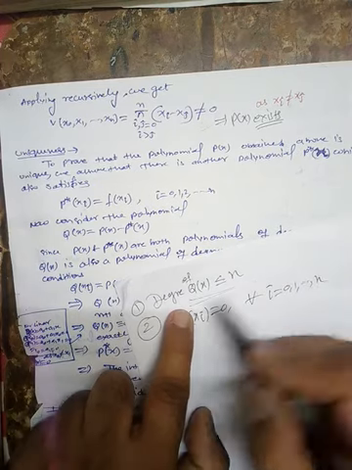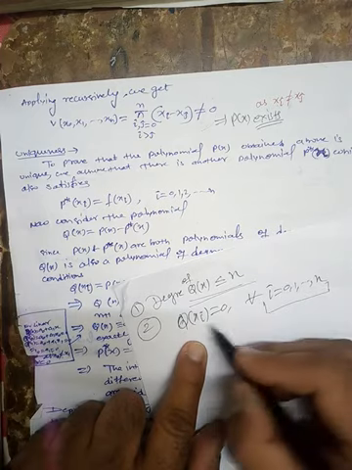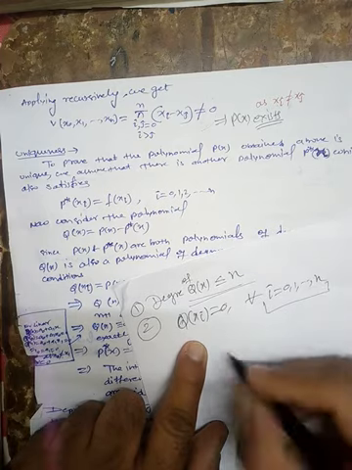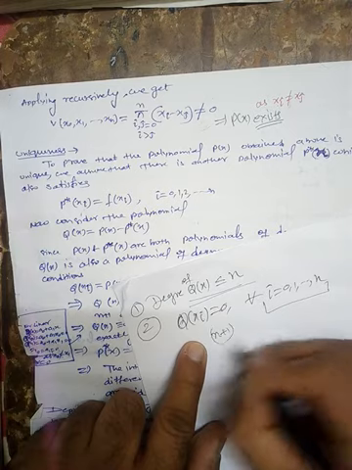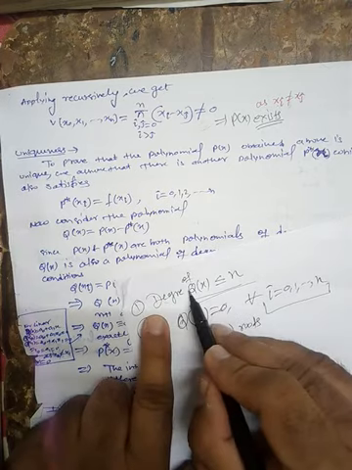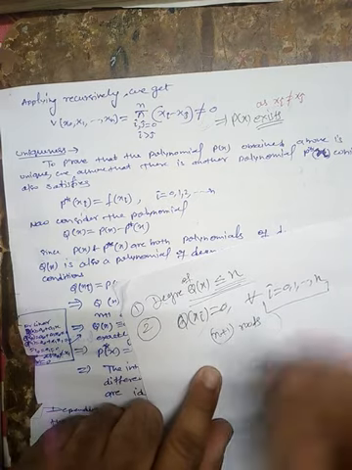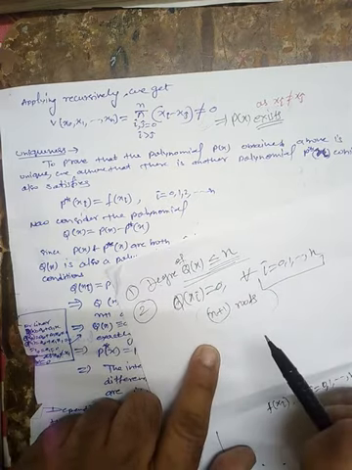That means we have a polynomial with how many roots? These are basically the roots, because the right hand side is 0. Total n plus 1 roots. So we have a polynomial whose degree is less than or equal to n and having n plus 1 root points.